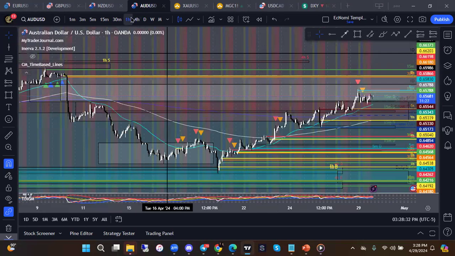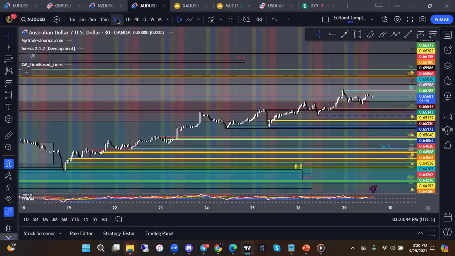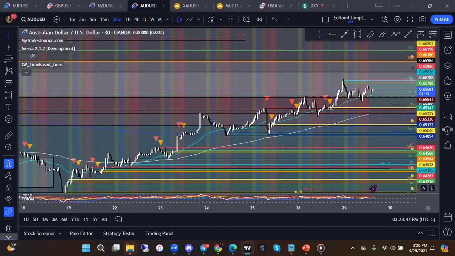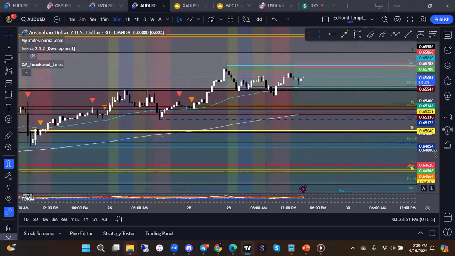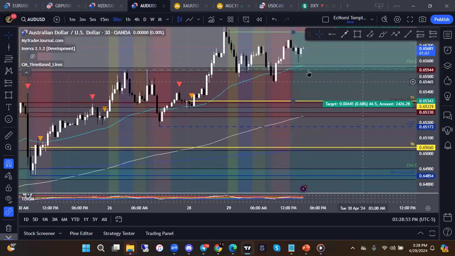FVGs stacked on top of each other, three gaps that need to be filled, but also can have price react off of them, right? So let's go to the lower time frames and see if there are any that were left on lower time frames. Let's see. We have a small one here.